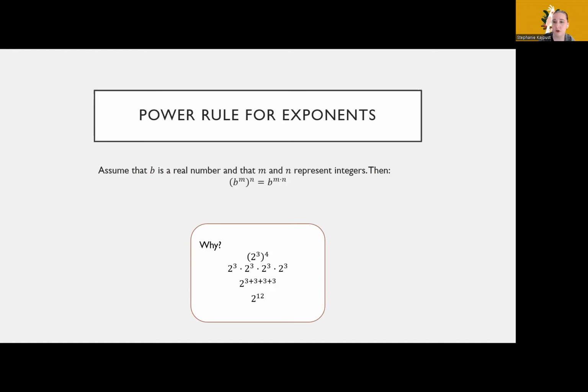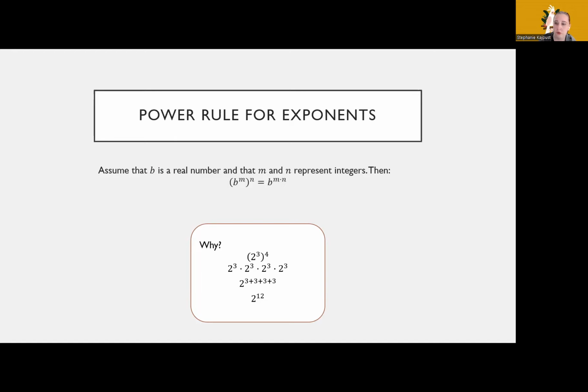Let's say, for example, I have 2 cubed, and then that whole thing is to the 4th. The outside exponent of 4 is telling us that our base 2 cubed is multiplied 4 times. So we have 2 cubed times 2 cubed times 2 cubed times 2 cubed. You're working outside in when you're dealing with exponents.